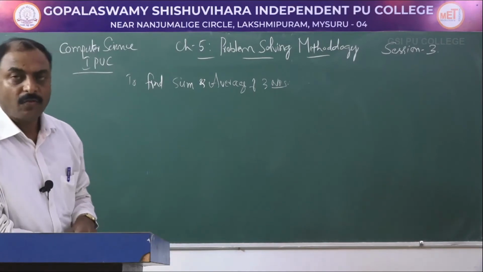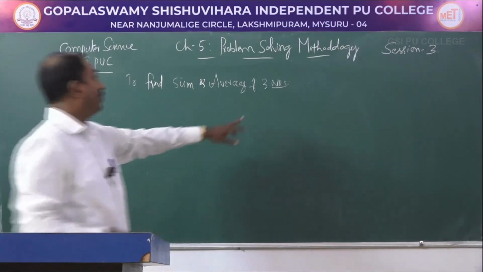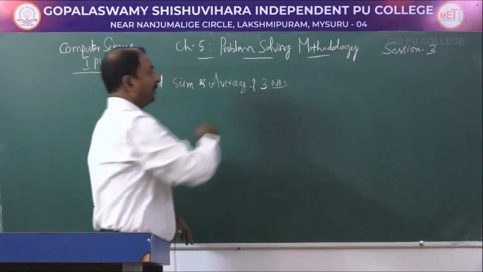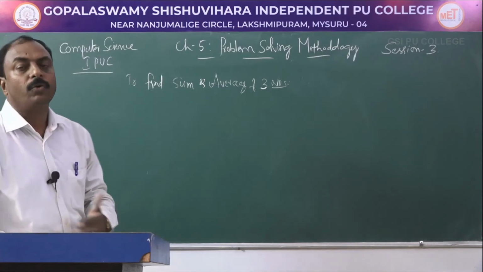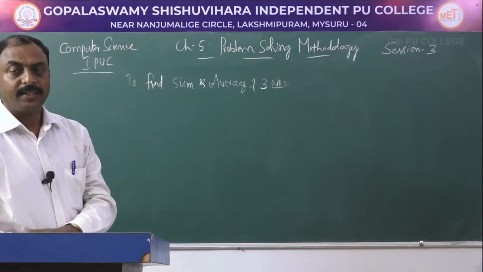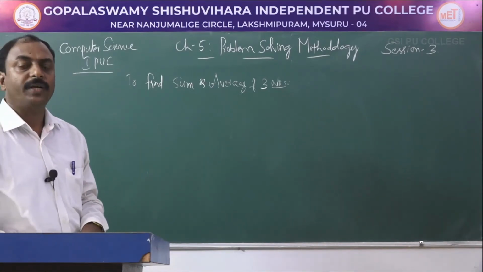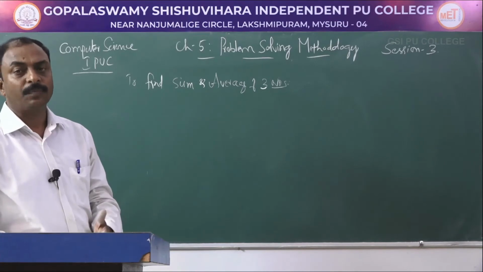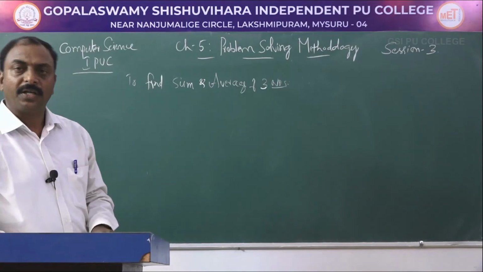What are the steps here? First step is we have to input three numbers. Then we have to find the sum. How do you find the sum of those numbers? By adding all the three numbers. Next step is to find an average. How do you find average? This is whole sum divided by 3, because there are three numbers given here.